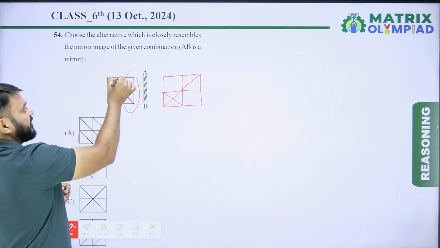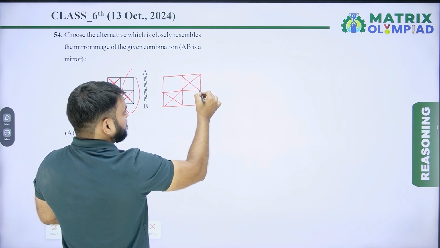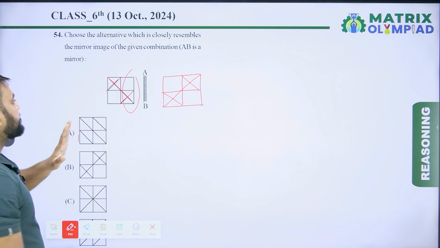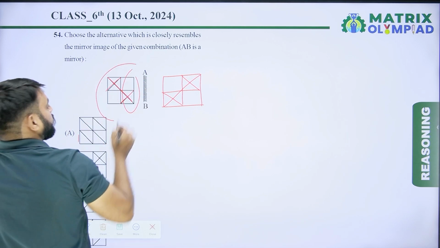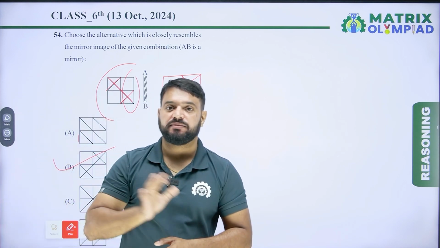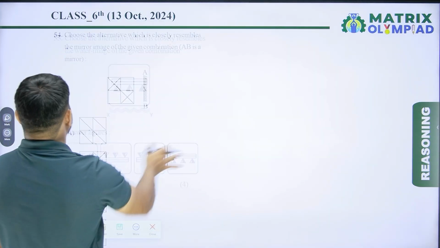Now mirror image of this line will look something like this. So this is the correct mirror image of the given figure. So here option B is the correct answer of this question. Let's move on to the next question.